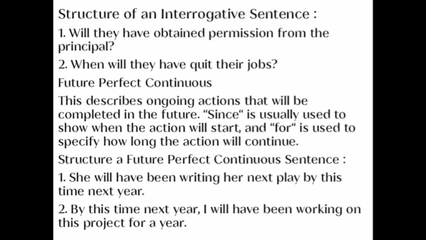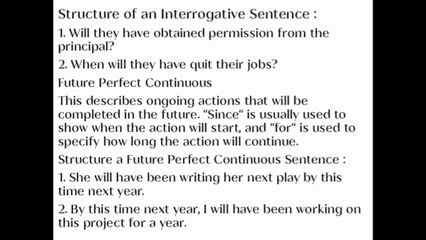So we have the structure of a future perfect continuous tense sentence. It includes subject plus auxiliary verb will have been plus present participle plus object, and we also have a time reference. She will have been writing her next play by this time next year.